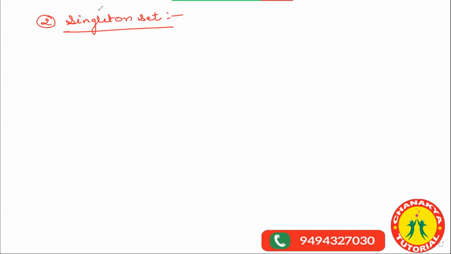By this single word, you can examine which set is given. So single means a set contains only one element.